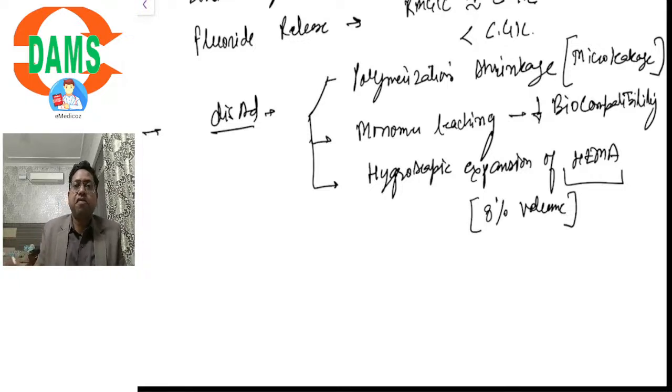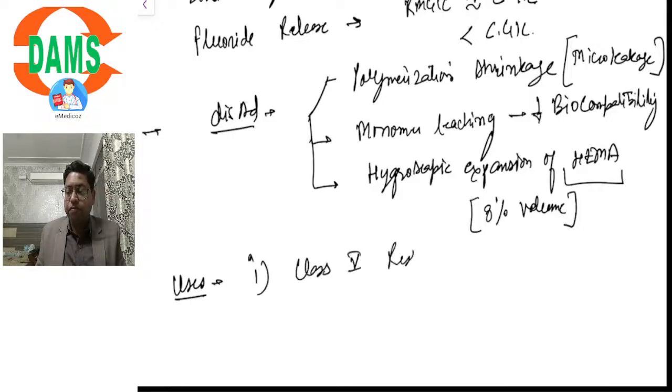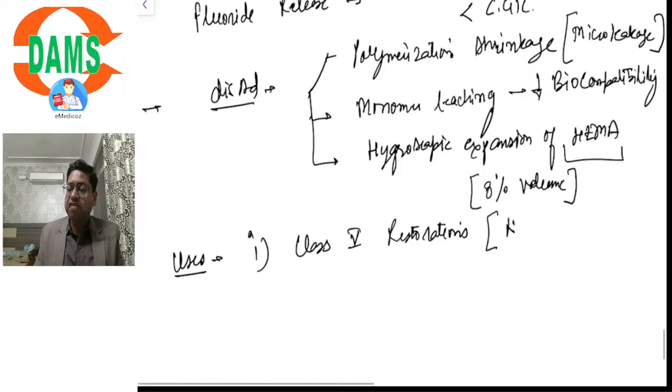Comparison of properties is always important. If we talk about uses of resin modified glass ionomer, they are used for class 5 restorations, especially in cases of non-carious cervical lesions. NCCL stands for non-carious cervical lesions.